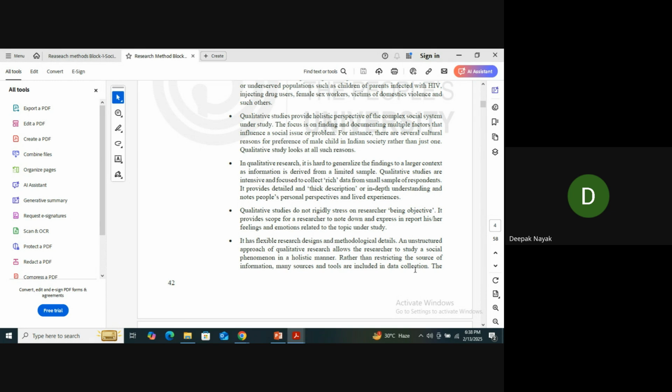Say, for example, a school. A case study can be conducted about a particular school, a single school. What is entirely happening in the school? What is the background? What is the history of the school? Who are the major enrolled children? Who governs the school? What are the problems of the school?